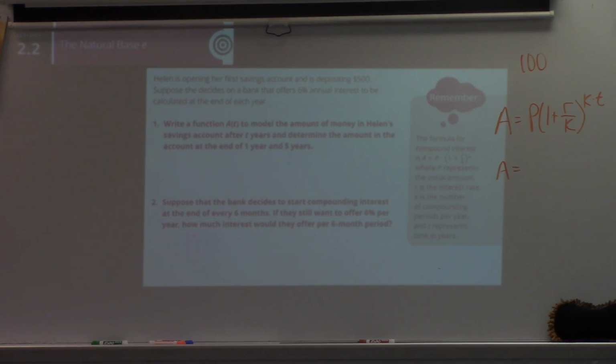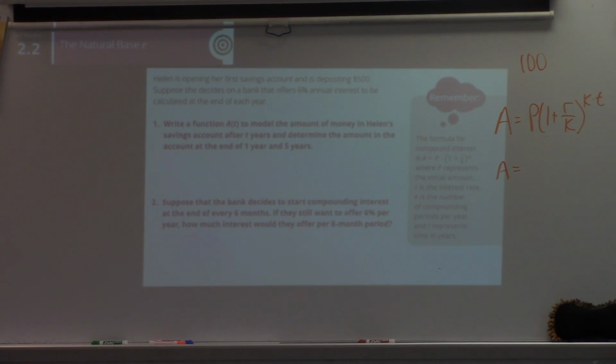Now, this is a very small investment. You'll see why I'm doing this in a second. All right, from here, what's 5% of 110.25?